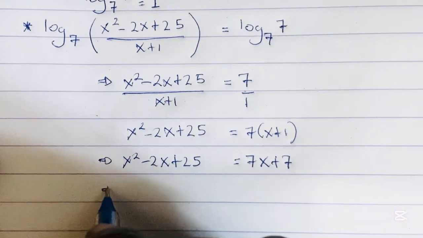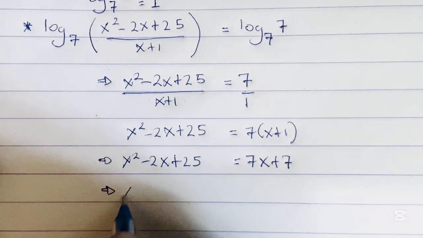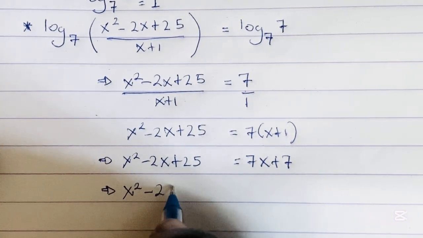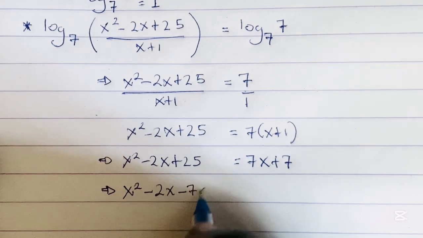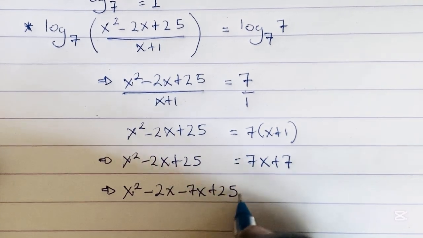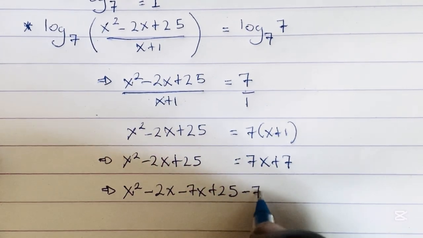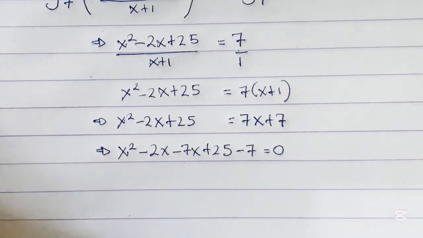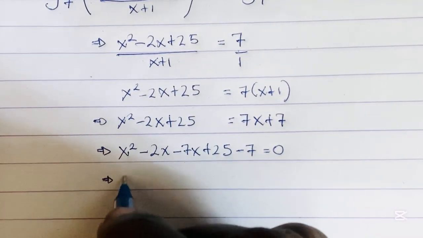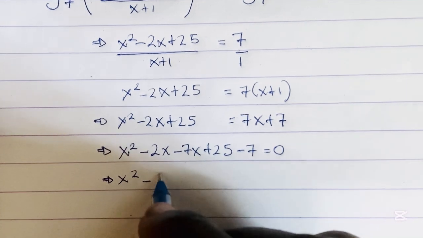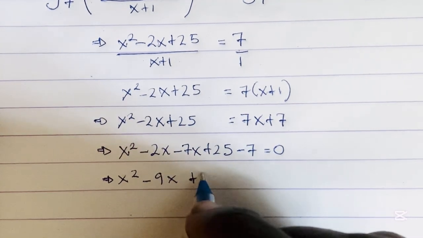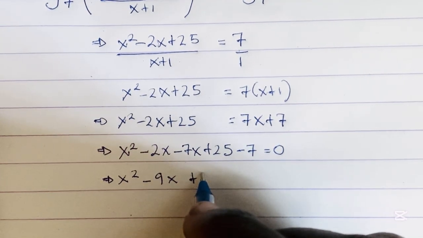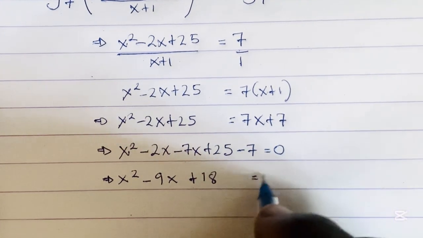Then we can collect like terms. So x squared minus 2x minus 7x plus 25 minus 7 is equal to 0. So we can simplify this further to become x squared minus 9x plus 18 is equal to 0.